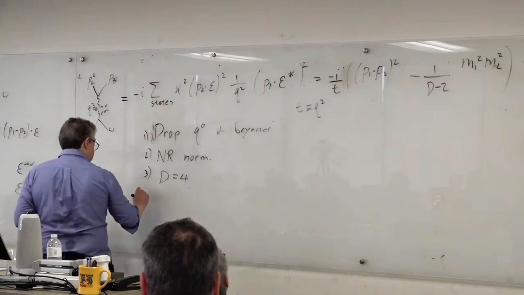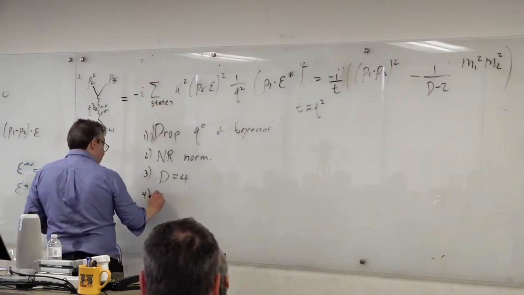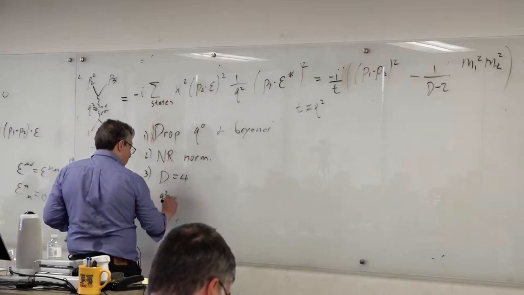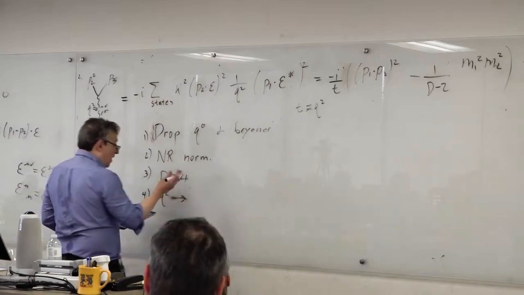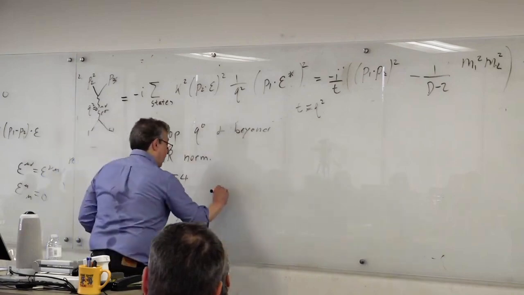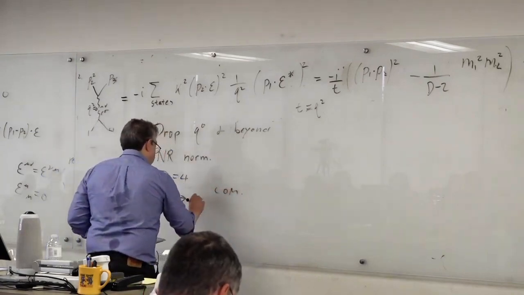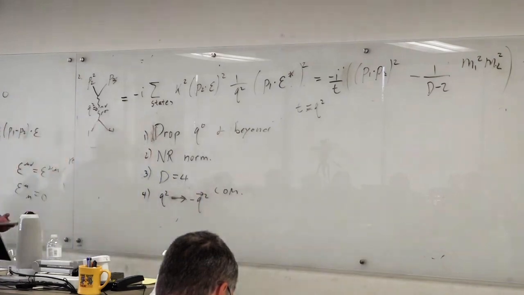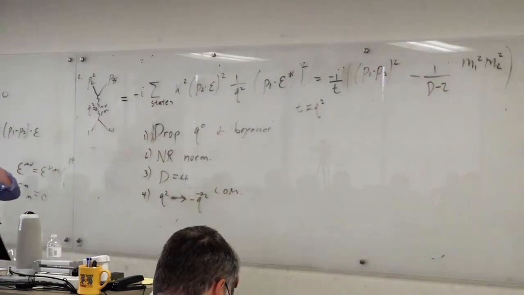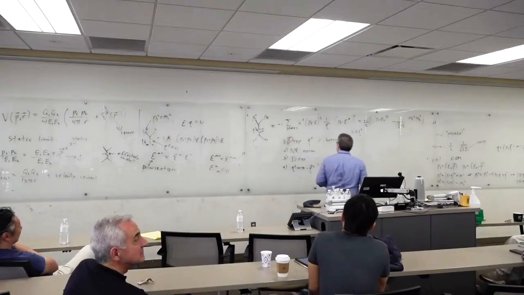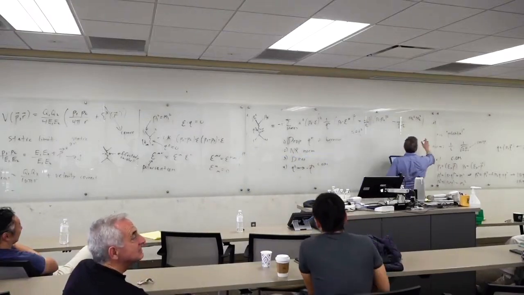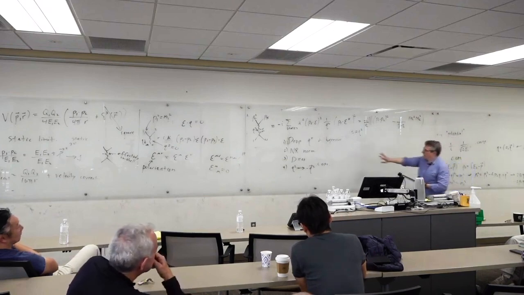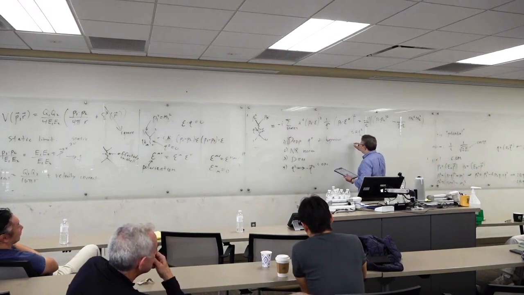And then, following the discussion before, I want to go to the center of mass coordinate system. I want q squared equals minus q squared. And then I want to take the Fourier transform. All right? So up to the normalization, it's this.